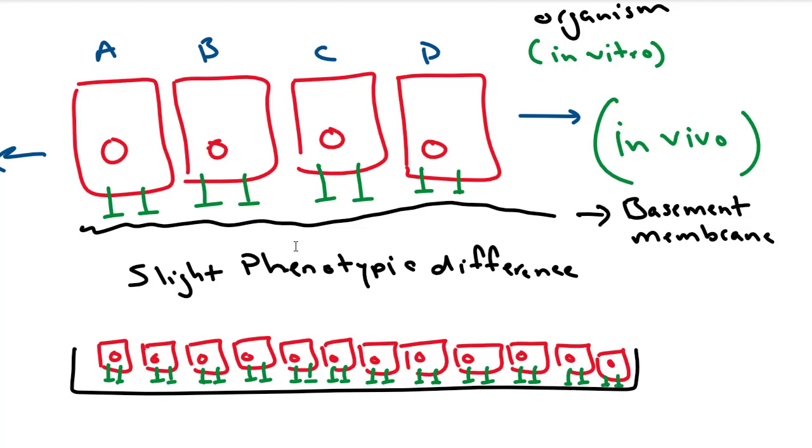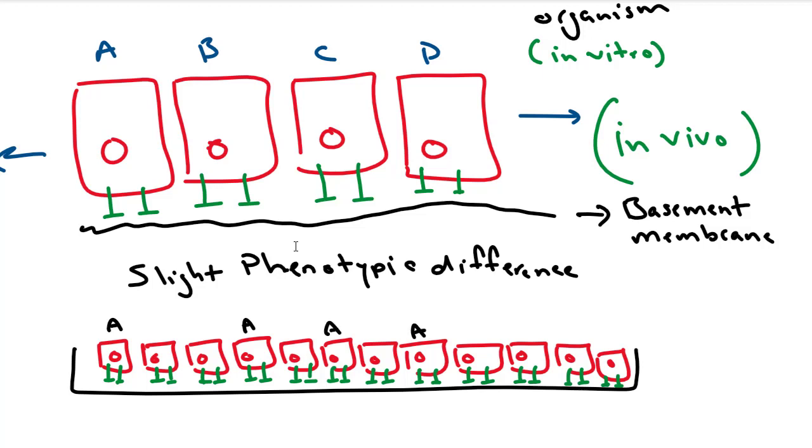Now, we said that these cells are going to be slightly phenotypically different from each other. So you'll have different populations that are slightly phenotypically different from each other. So let's say, for example, we have one type of phenotype that is A, and we'll have a few A's.